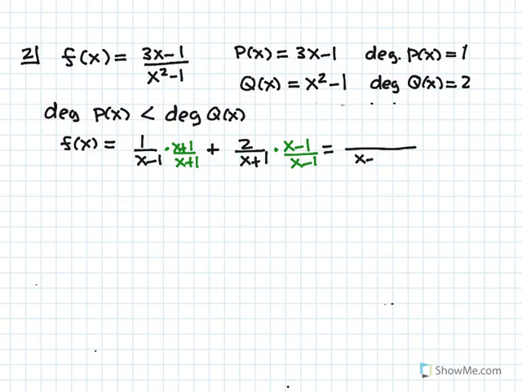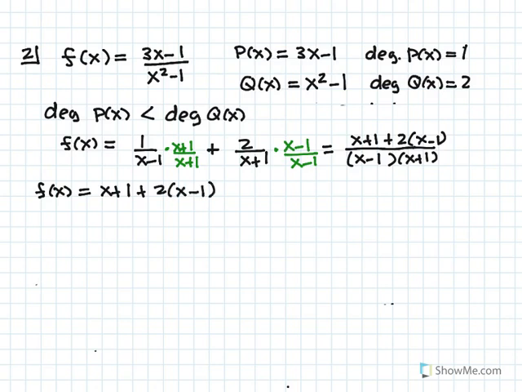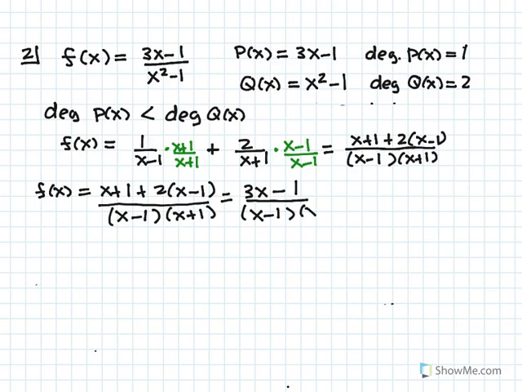So we get x minus 1 times x plus 1 in the denominator, and in the numerator we will get x plus 1 plus 2 times x minus 1. So what we have is f of x is equal to x plus 1 plus 2 times x minus 1 divided by x minus 1 times x plus 1. If we simplify the numerator, that's equal to 3x minus 1 divided by x minus 1 times x plus 1.